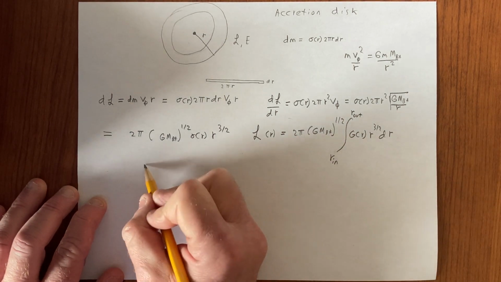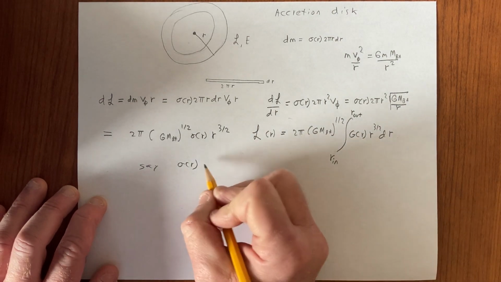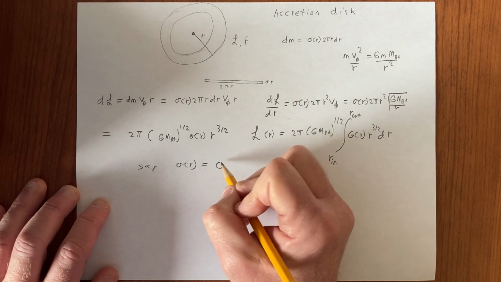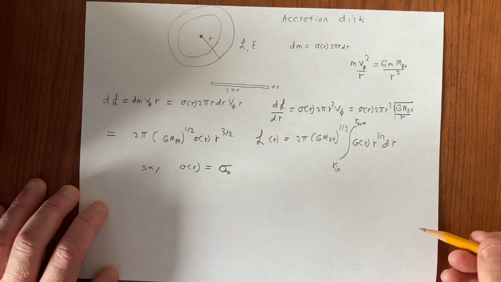Let's say that the density is everywhere the same. Say sigma of r is equal to some constant c, or let's make it sigma naught, some constant.